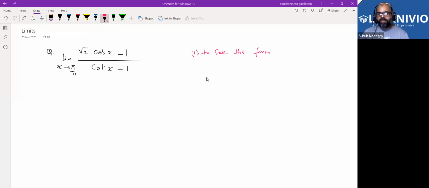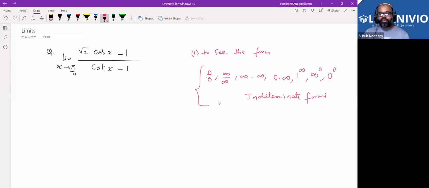We discussed last time that there is 0 by 0 form, infinity by infinity form, infinity minus infinity form, 0 into infinity form, 1 to the power infinity form, infinity to the power 0 form, and 0 to the power 0 form. These are called indeterminate forms. So if it is coming in any of these indeterminate forms, we will try to simplify it.